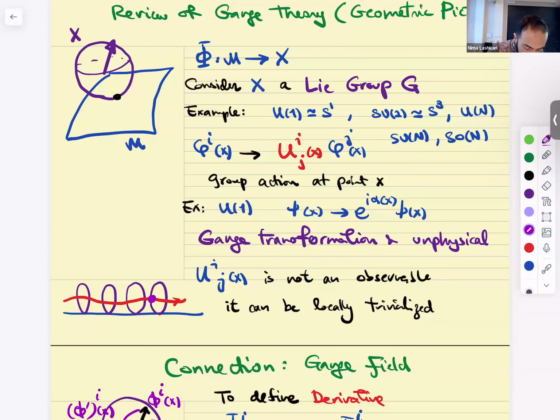I realize that this is a bit of a poor drawing. You understand what I'm saying, right? This is the value of the point. It's an angle around this circle, right? This is called a section in this fiber bundle.